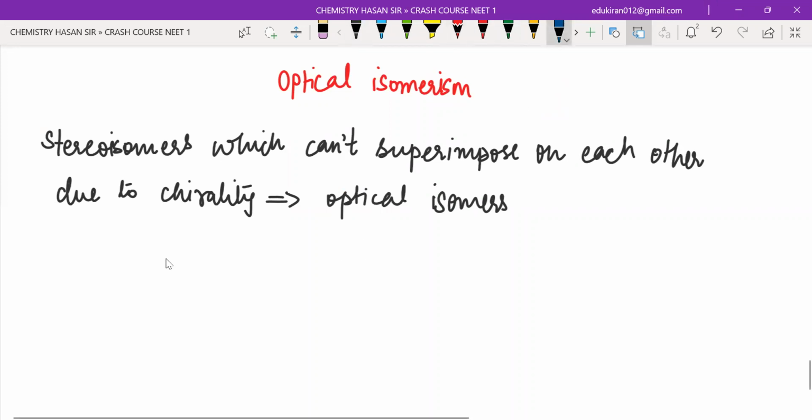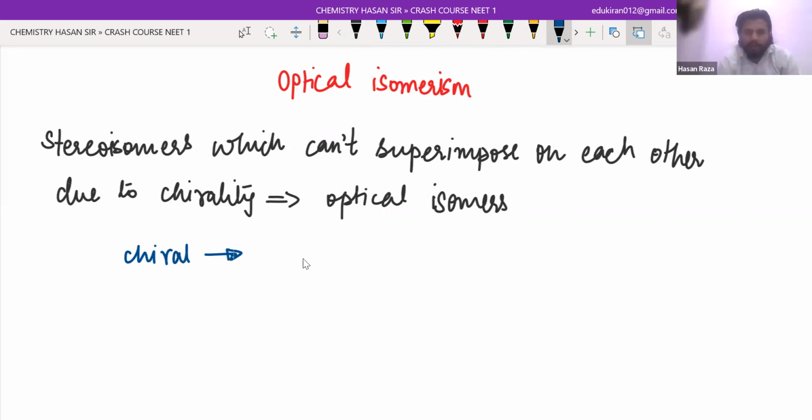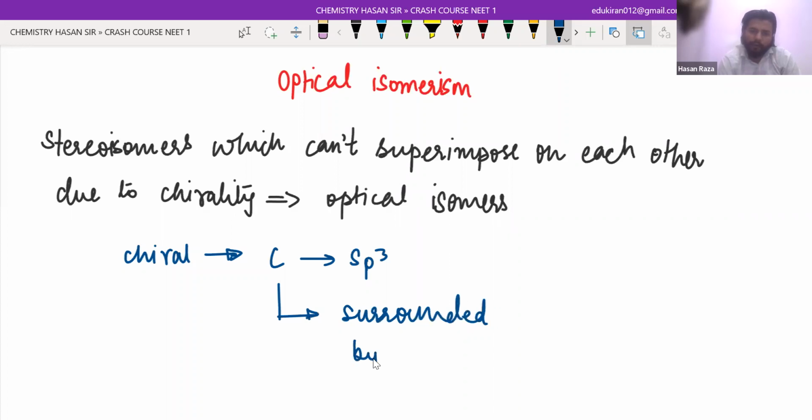So there is a term chiral. What is a chiral carbon or chiral compound? In any compound, the carbon should be sp3 hybridized, and the next condition is that it is surrounded by four different groups.